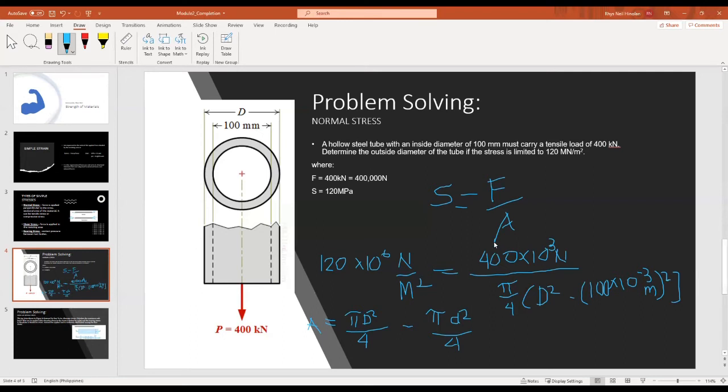The answer that we will get is 0.11935 m. Or when we convert it to millimeter, it will be 119.35.